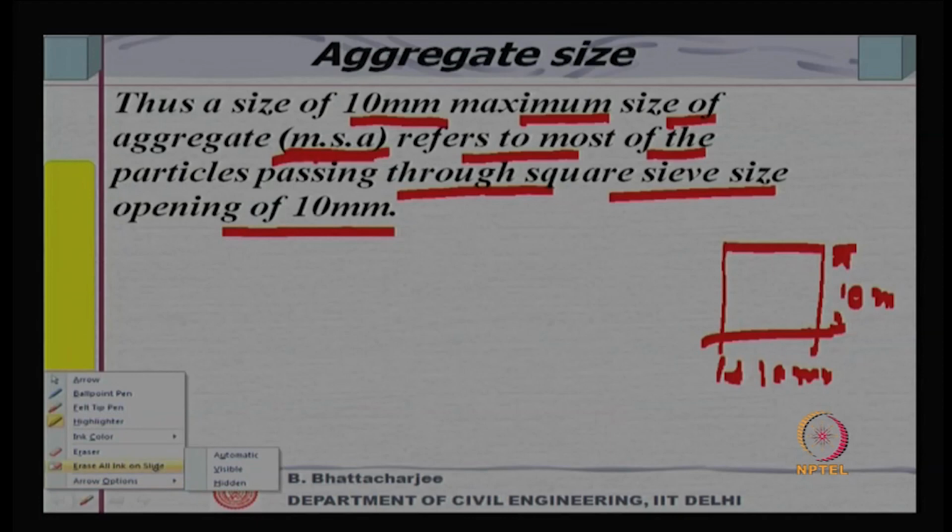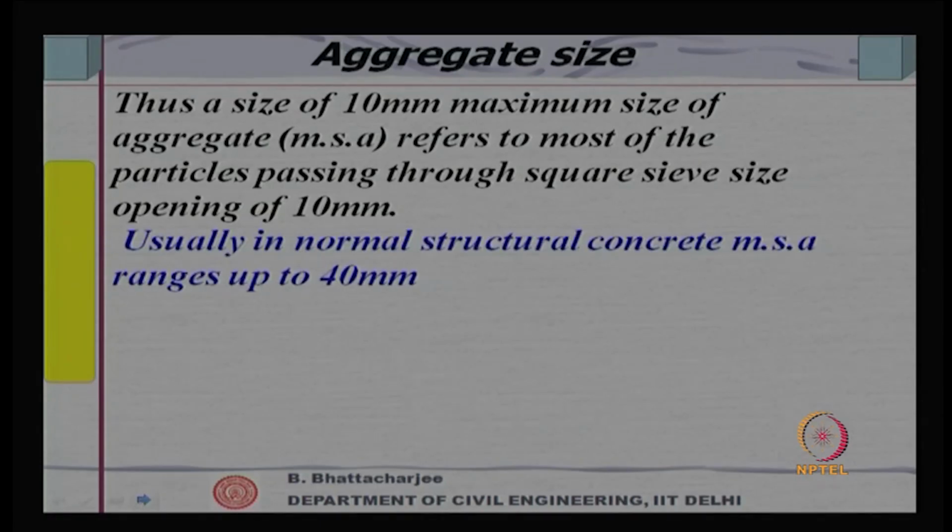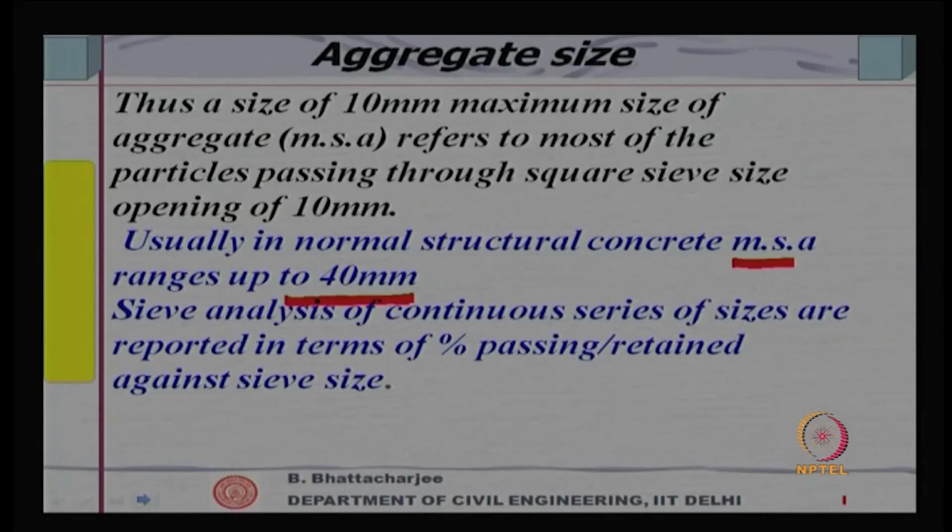How much percentage can be retained comes from practice or is given in codes as we understand. Usually in normal structural concrete, MSA ranges up to 40 millimeter, mostly 20 millimeter, and we will see of course what the choice of MSA depends on.